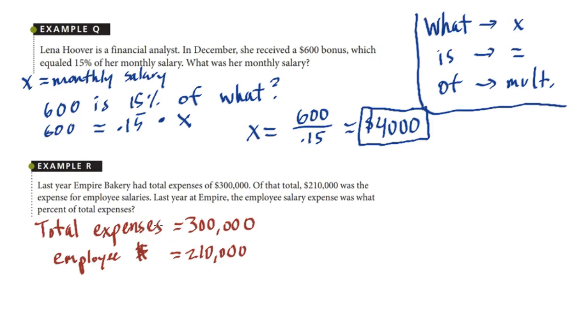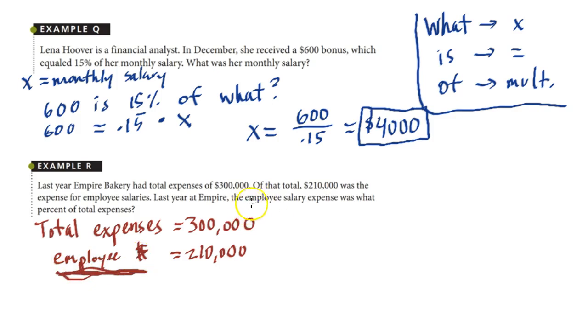Last year at Empire, the employee salary expense was what percent of the total expenses? This last sentence we can actually convert into an algebraic equation using what we used in the previous video. Notice that the employee dollars is the employee salary.